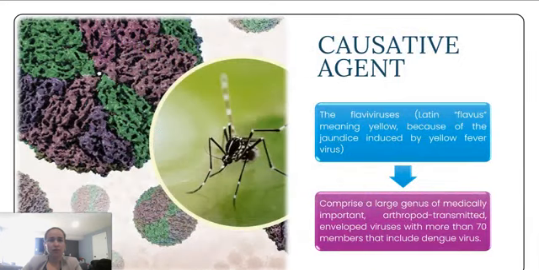The flavivirus, from Latin flavus, meaning yellow because of the jaundice induced by yellow fever virus, comprise a large genus of medically important arthropod-transmitted enveloped viruses with more than 70 members that include dengue virus. Symptoms of flavivirus infection can range from mild fever and malaise to fatal encephalitis and hemorrhagic fever.